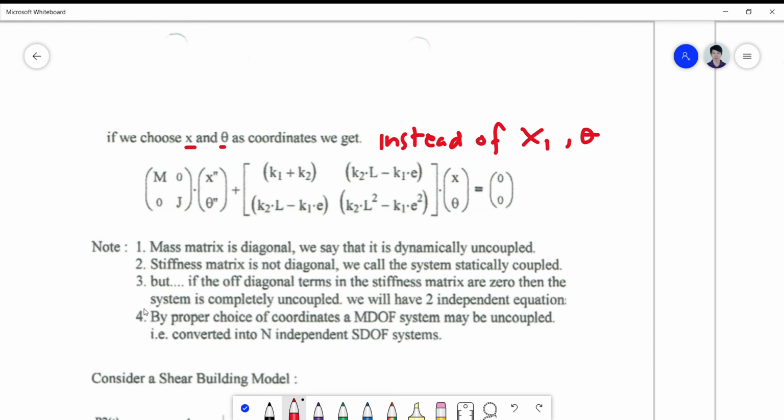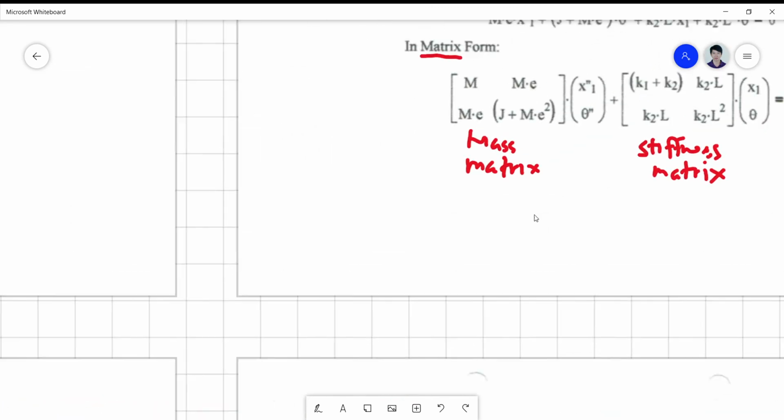Okay, so the mass matrix in this choice of coordinate is actually diagonal, and you call this a dynamically uncoupled matrix. Okay, so uncoupled because your off diagonal elements are actually zero there, unlike what we have in this.